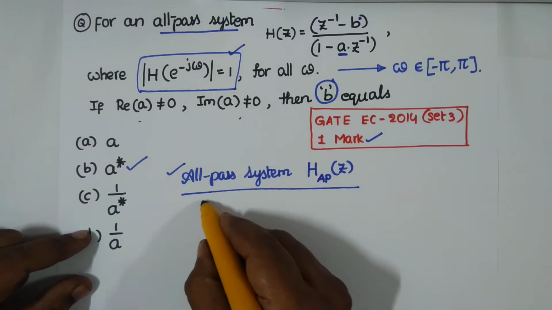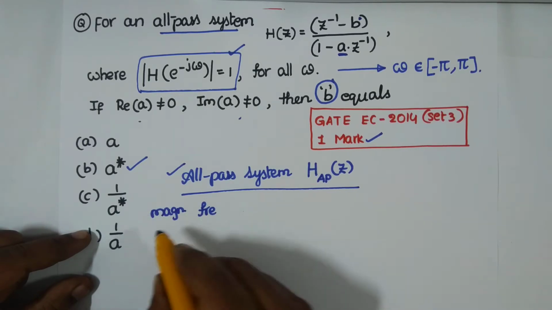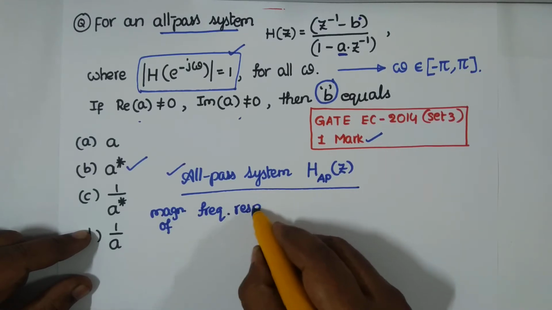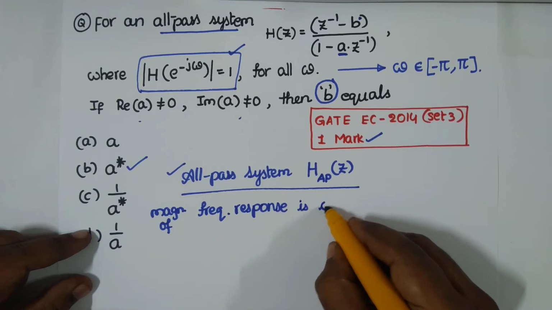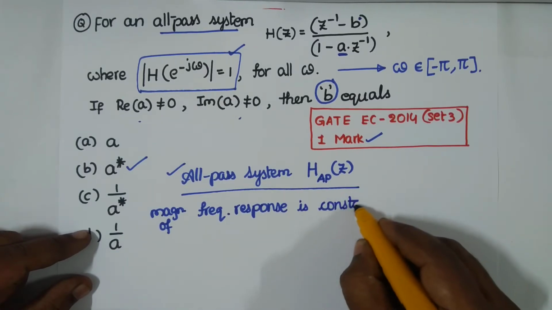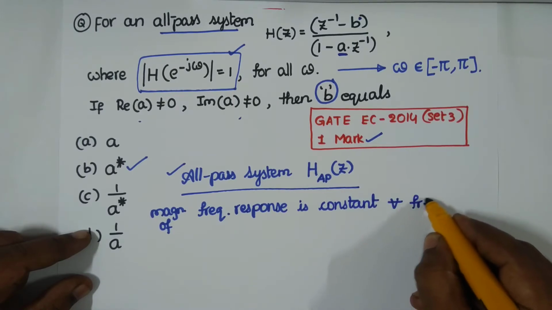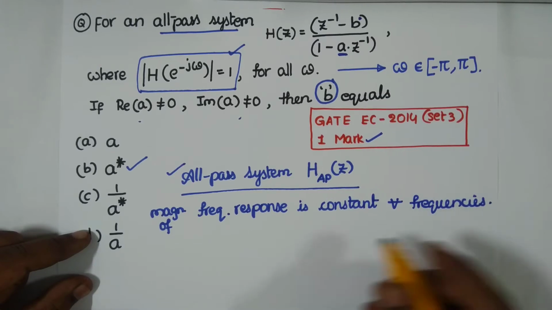So we could write like this: the magnitude of frequency response is constant, and this is constant for all frequencies.